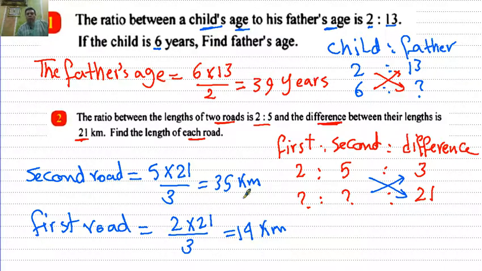To be sure, the ratio between 35 and 14, divided by 7, equals 5 to 2. Or the difference between them: if we subtract 35 minus 14, it equals 21. Your answer is the right answer.